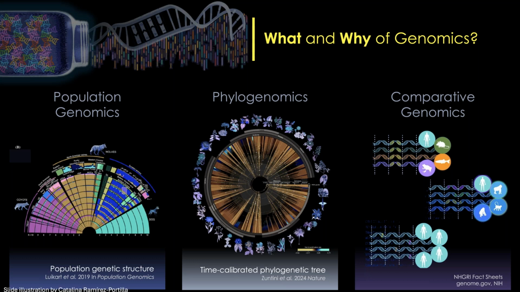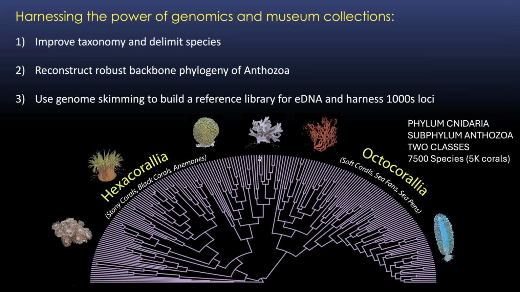And of course, using genomics in a comparative sense where we can compare genomes of different species, for example, two closely related species, and understand at the genomic level what might be driving those differences and how those differences are interacting with the environment. So I'm really harnessing the power of genomics and leveraging museum collections, not just here at the NMNH, but all around the world, to improve the taxonomy and to delimit species within several groups of corals and their relatives, the sea anemones.